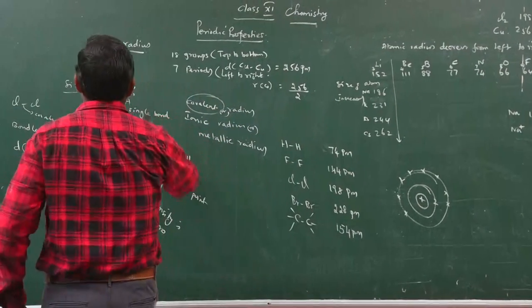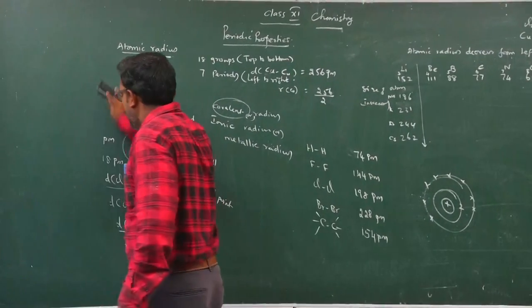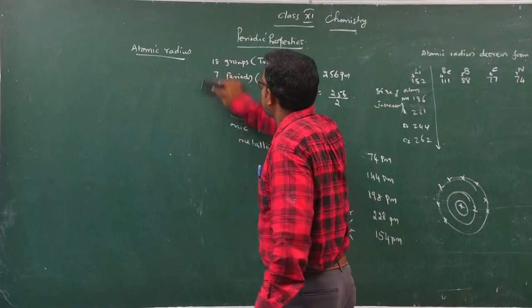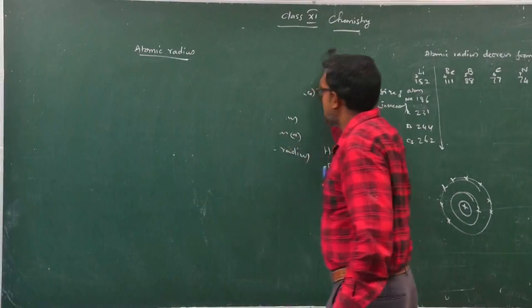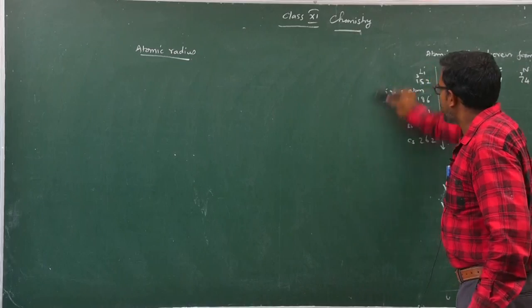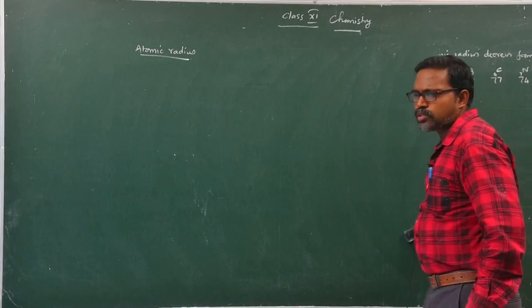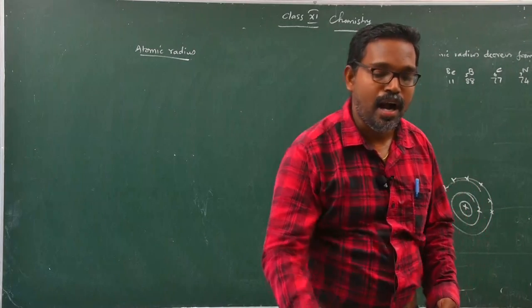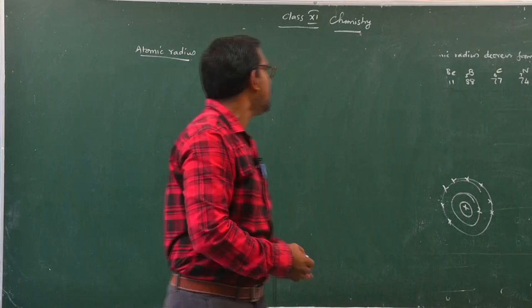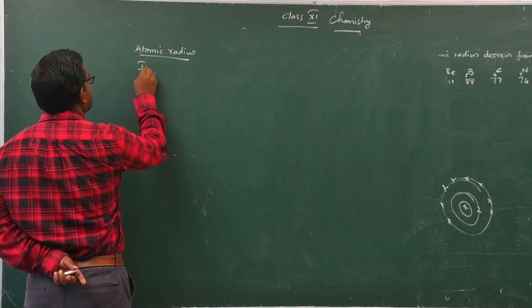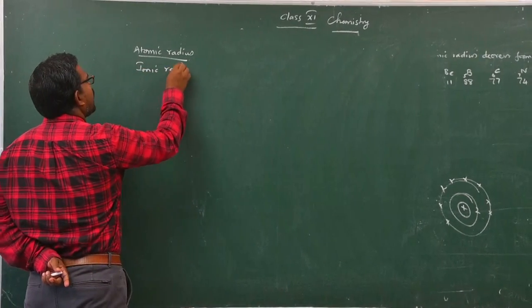Listen, the atomic radius is defined as the distance between the center of the nucleus and the outermost orbit of the ion. This is called the ionic radius.